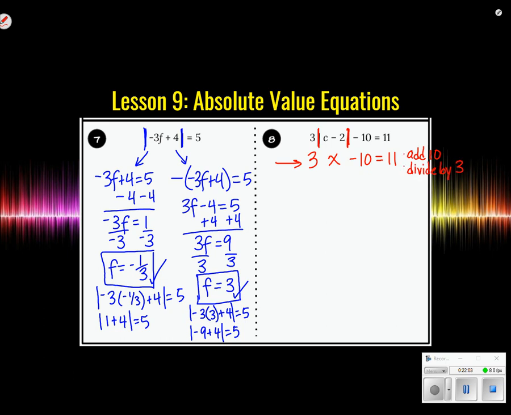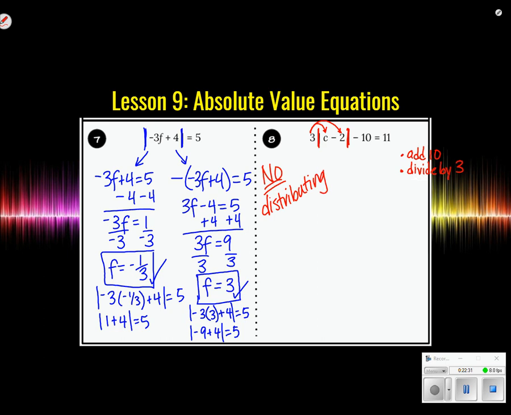Okay, those would be your steps. So I want you to treat it the same way. Some of you are going to distribute and try to do this. And like I said earlier, it may work once or twice, but it will not work every single time. So you can't think that you can distribute. No distributing.